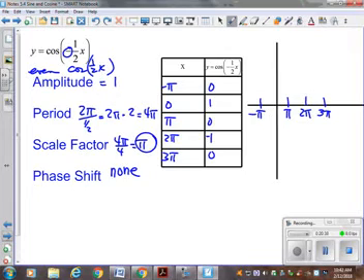So what we got it numbered by is what we go by. So we start at negative pi is 0. We go up to 1 for 0. Come back down, pi is 0. 2 pi is going to be negative 1. And 3 pi stays at 0. It did not reflect.